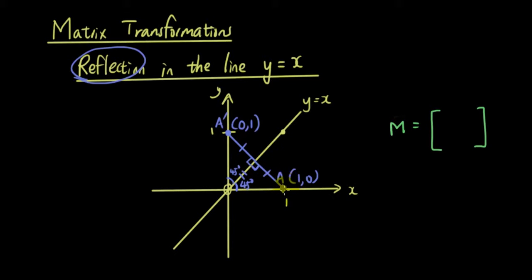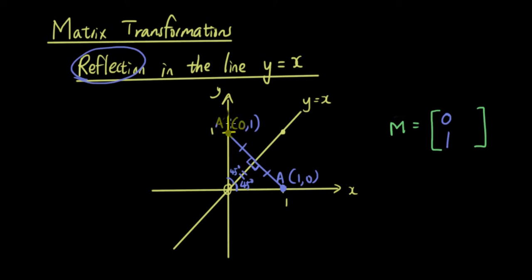Okay, so if the original point is 1, 0 and the image of the point after the transformation is 0, 1, I put 0, 1 down the first column of the transformation matrix. Now how do we fill out the second column? Well, we are going to name the point 0, 1 as our original point.